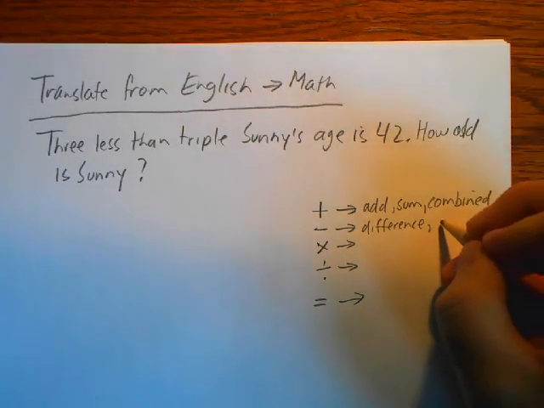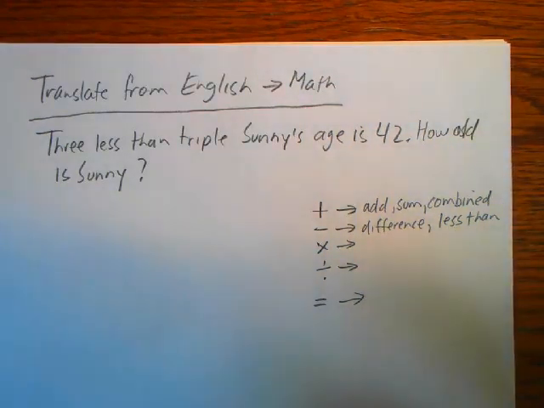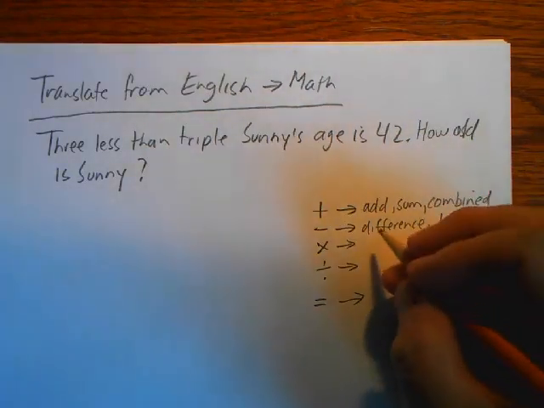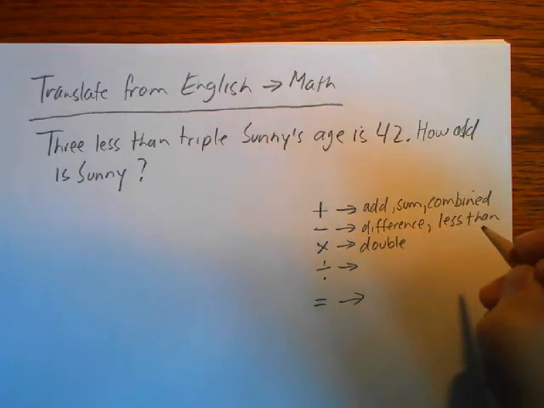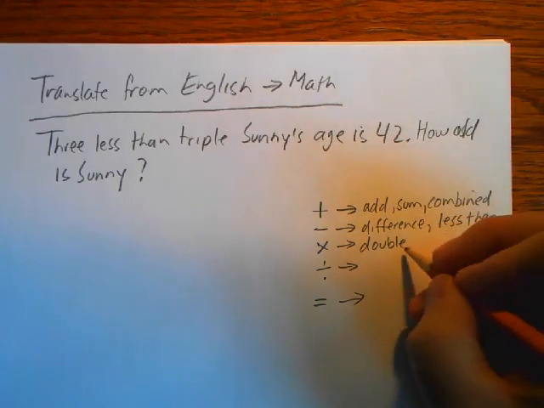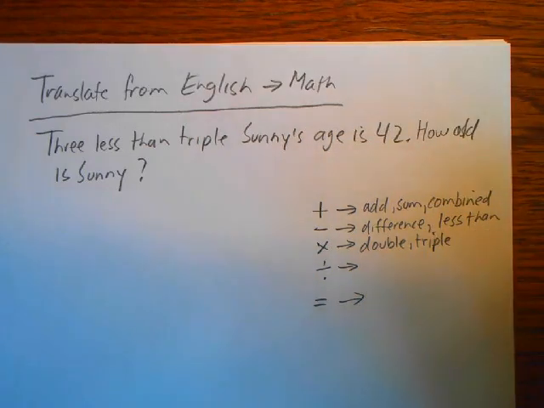Or if you said less than, that means you're subtracting something. Okay, multiply, it could be a few different things. Like if you said double, something's doubled another number, it means you're multiplying by 2, or triple. There's lots of other ones there, but those are pretty standard.